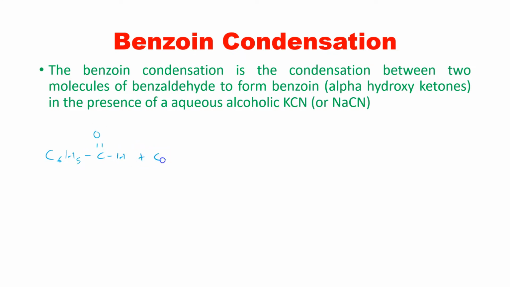These are the 2 moles of benzaldehyde that will react, and it is in the presence of potassium cyanide or sodium cyanide. Cyanide plays an important role and it acts as a catalyst. We will see in the mechanism.